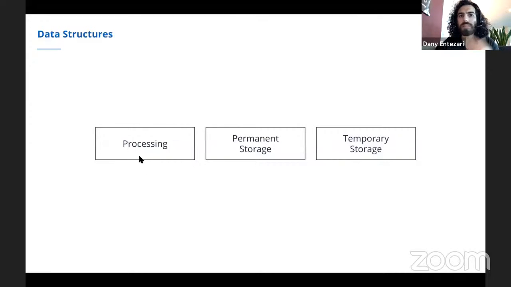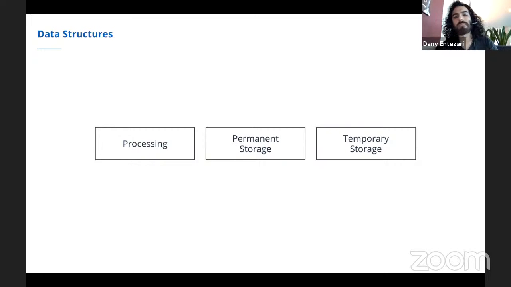Some sort of processing unit, like a CPU or a GPU, a permanent storage, something where you can store information permanently, like an SD disk, an optical hard drive, CDs. I know they're obsolete now, but CDs are examples.